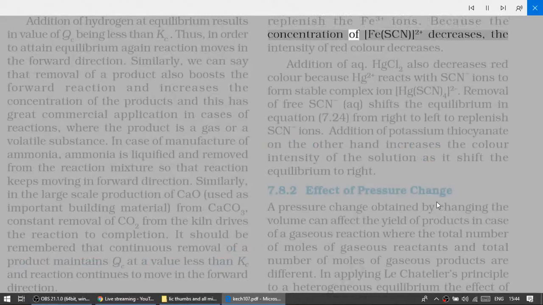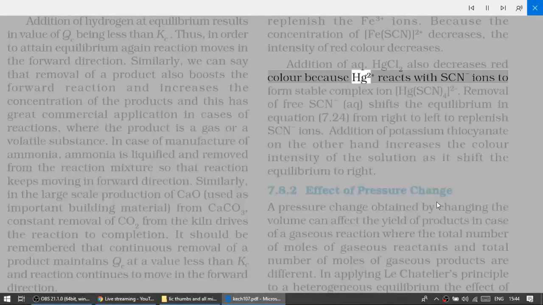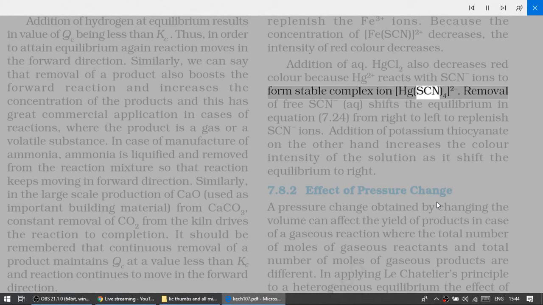Because the concentration of [Fe(SCN)]2+ decreases, the intensity of red color decreases. Addition of aqueous HgCl2 also decreases red color because Hg2+ reacts with SCN- ions to form the stable complex ion [Hg(SCN)4]2-.